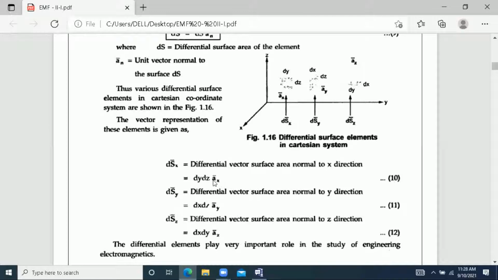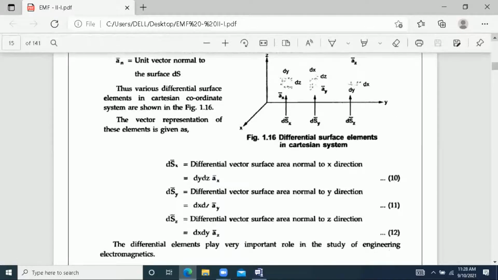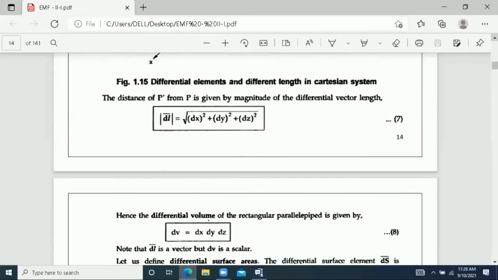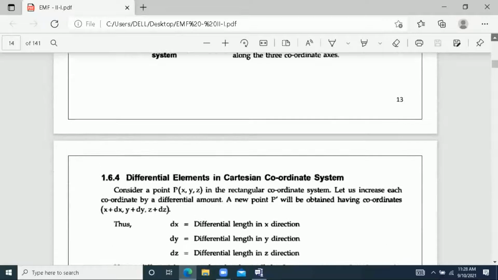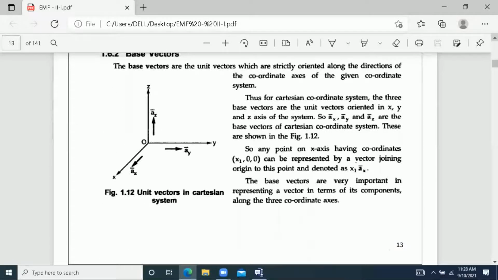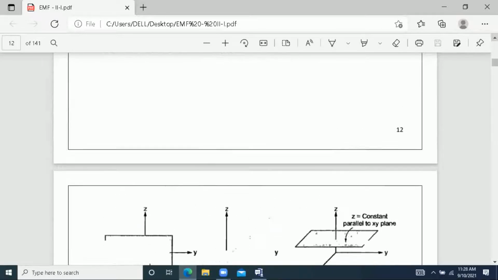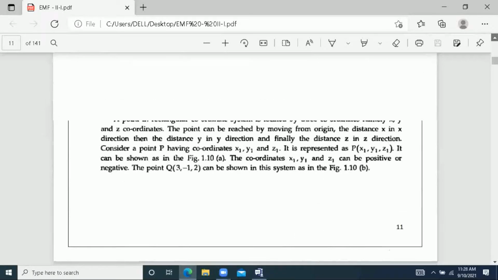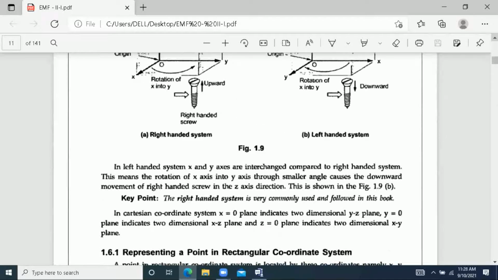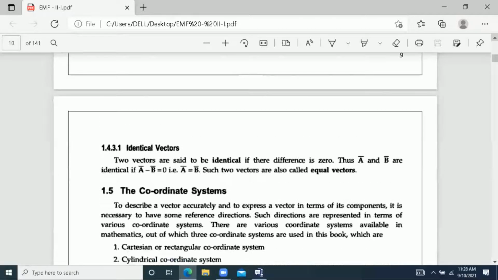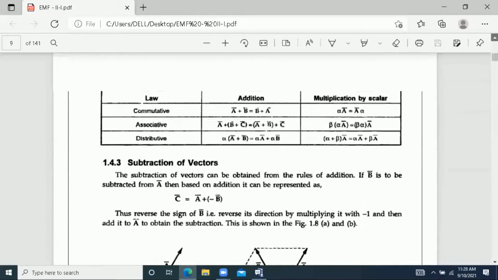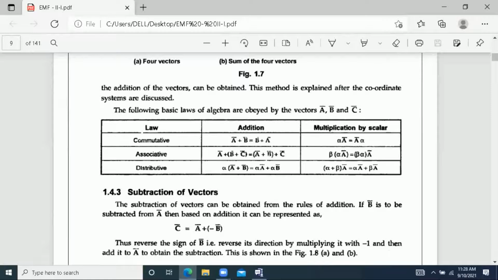The unit is AX. Remember now, from up here, we decided how we're going to define the unit vector. Yeah, we did that.